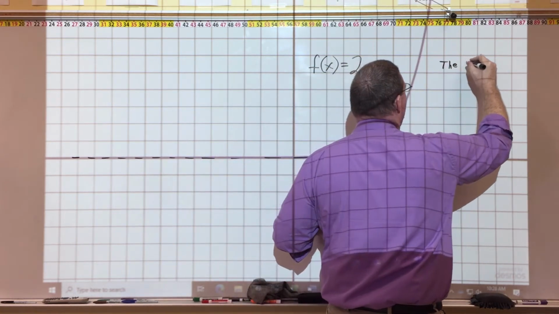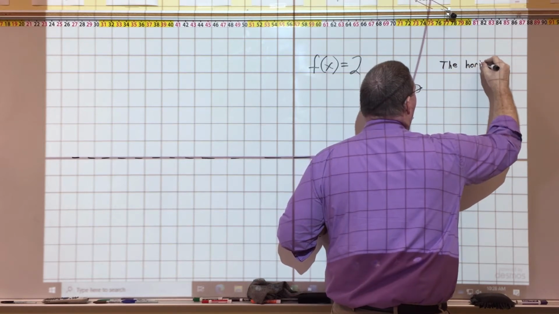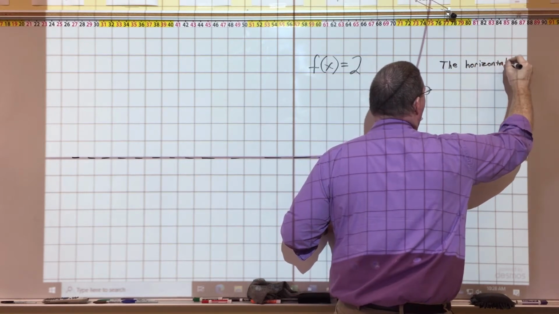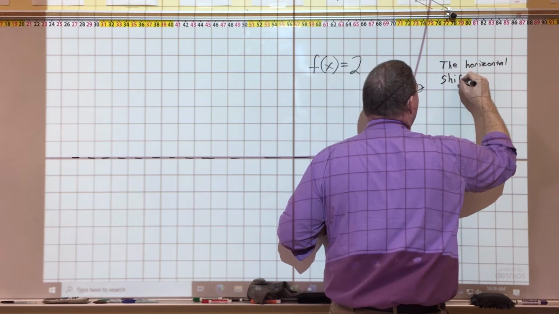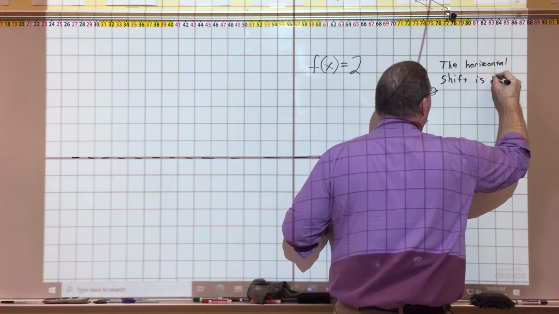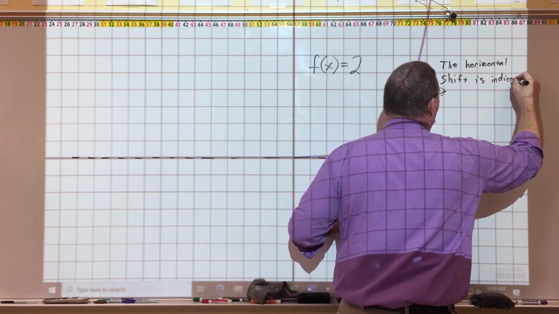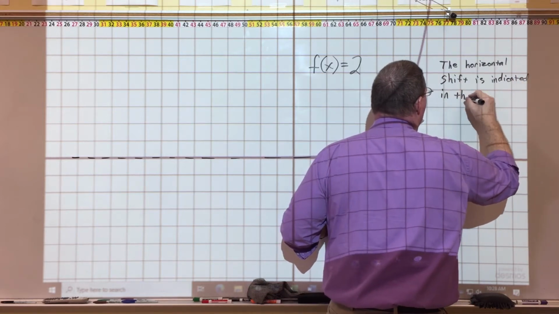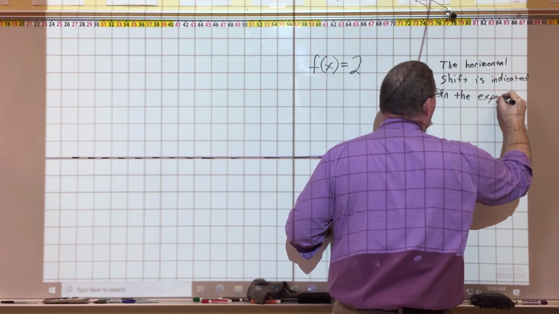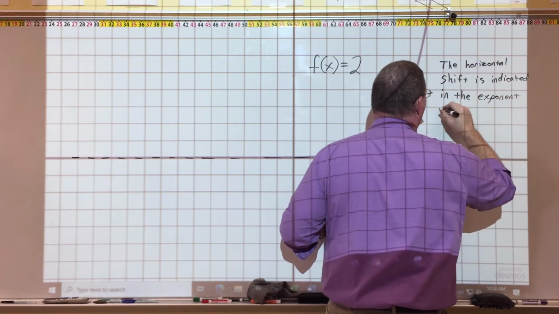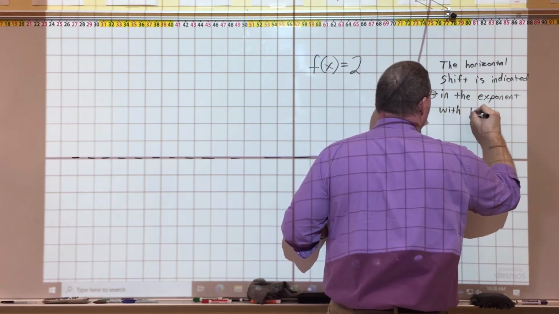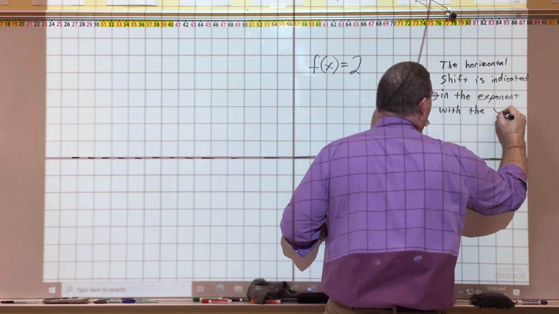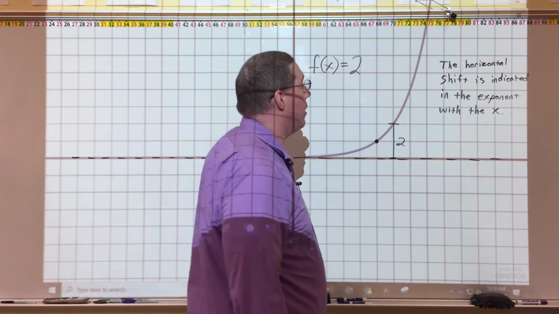The horizontal shift is indicated in the exponent with the x. Okay? And what I do is I put it in parentheses.